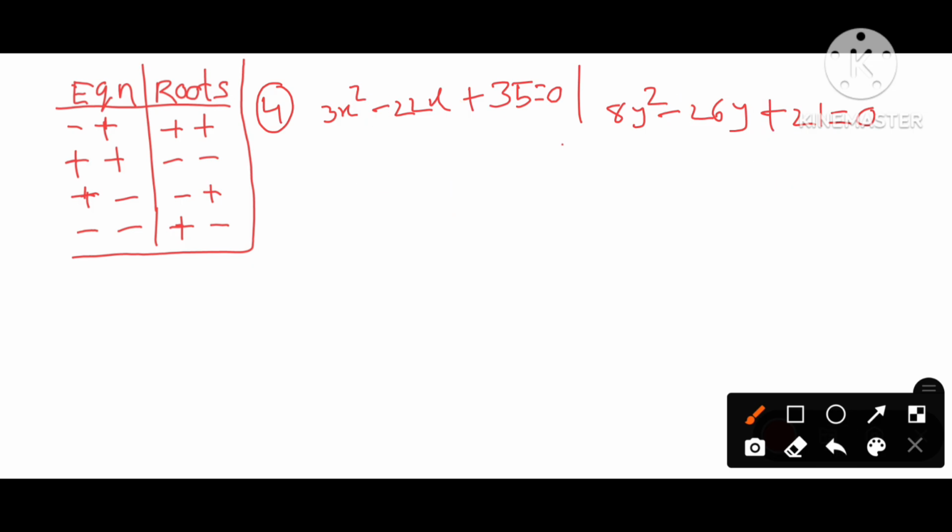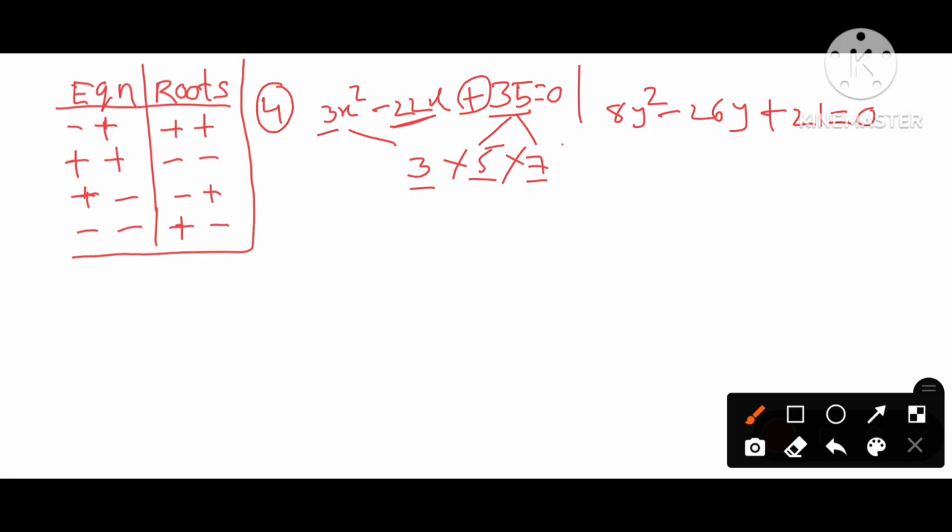What we do is, here we have 3 and here it is 35. So the factors we need to make are 3 and 5 into 7. So the factors we have are 3 into 5 into 7. We need 2 factors whose sum is 22.